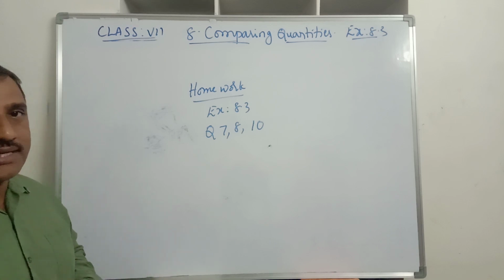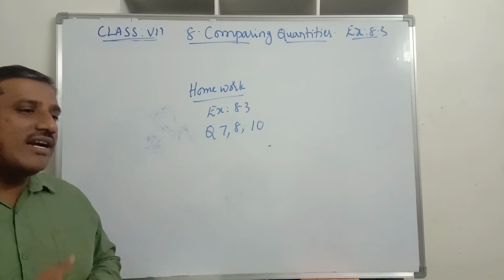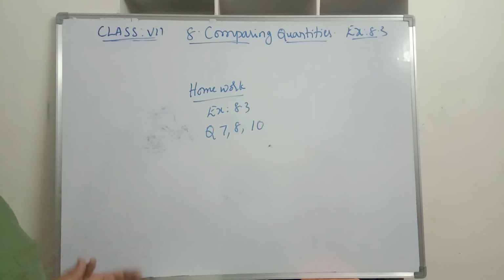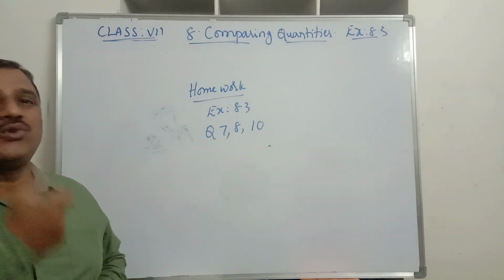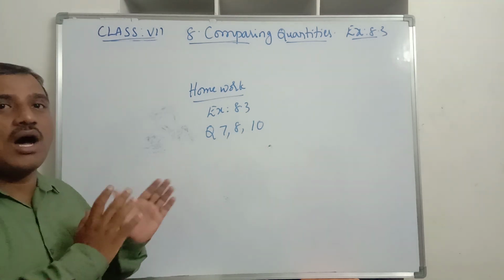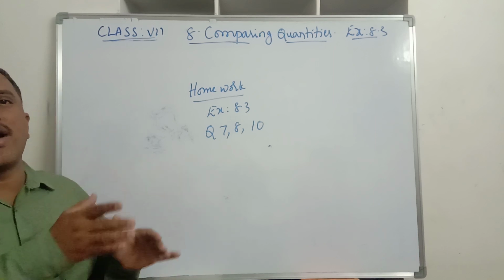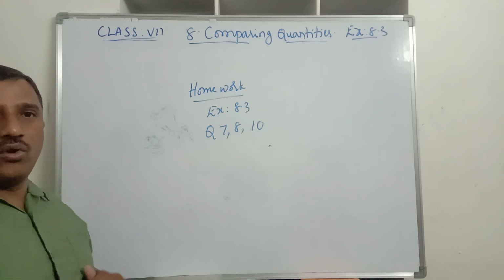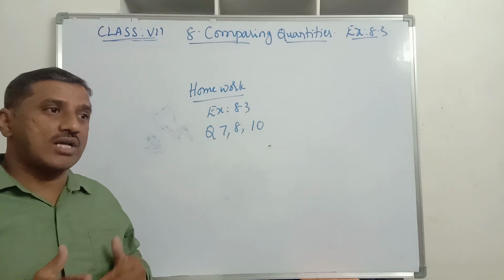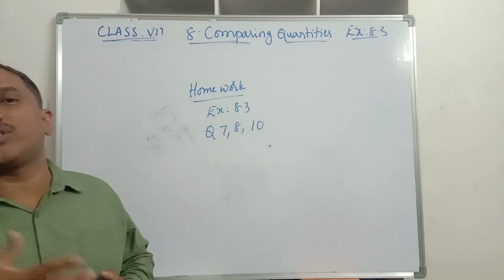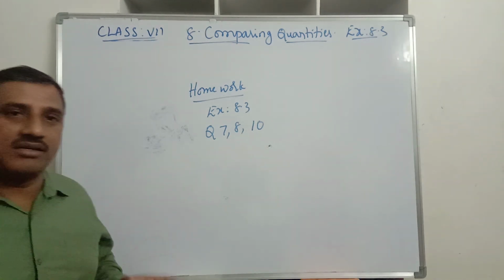Overall in this chapter, comparing quantities, mainly two things we studied, ratio and percentage. In ratio we studied what is ratio, how to find ratio, what are equivalent ratios, and how to check whether the given ratios are equivalent or not.